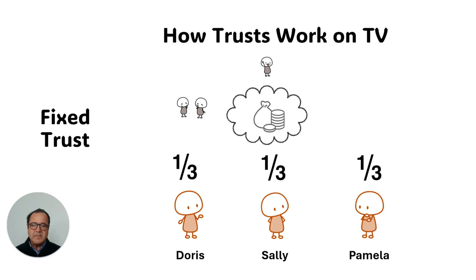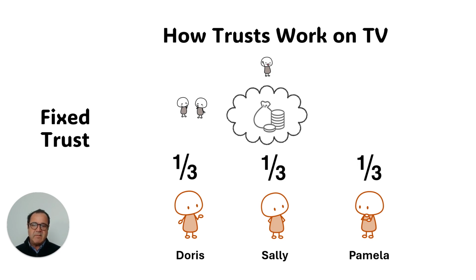What happens if, before anybody reaches the age 25, Doris unfortunately dies? What do you do? So, maybe you say, well, in that case, we will divide the money into two halves and give half each to Sally or Pamela.